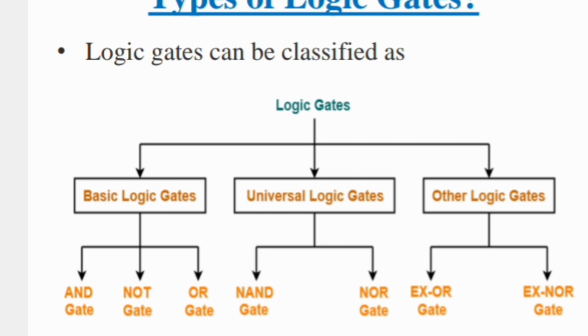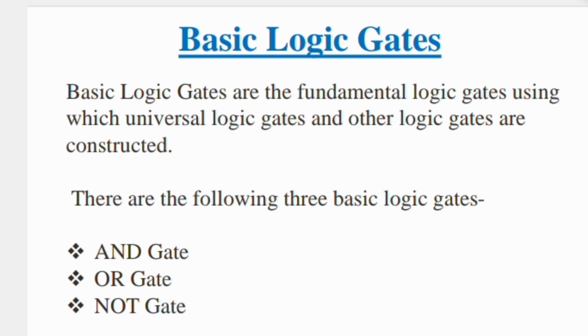Other logic gates are XOR gate and XNOR gate. As we discussed, these are the fundamental logic gates. Universal logic gates and other logic gates are also constructed using these basic logic gates, and these basic logic gates consist of AND gate, OR gate, and NOT gate.